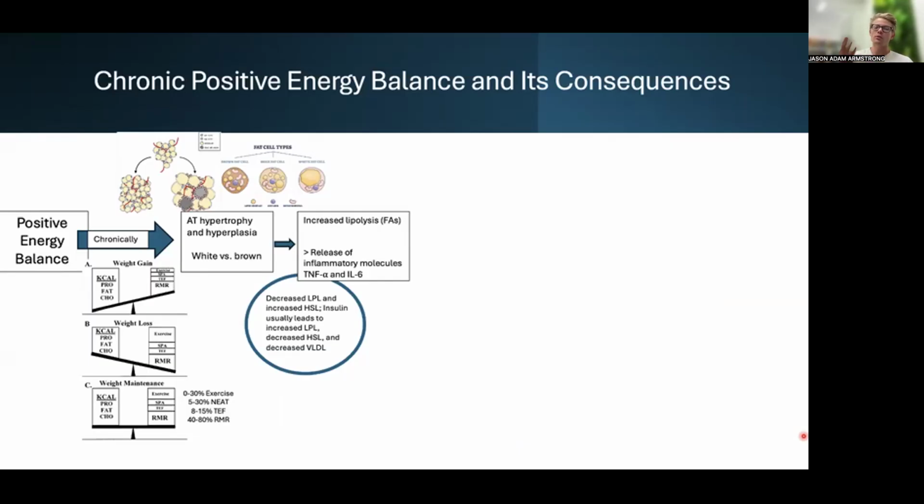Okay. So you can see how the reverse of that, a decrease in lipoprotein lipase is saying, hey, don't pull free fatty acids from the bloodstream. And also an increase in HSL is saying, break down the fat that we already have because we've stored too much. Okay. So all of that's going to lead to a bunch of free fatty acids in the blood, as well as some inflammatory markers like TNF alpha and IL-6.